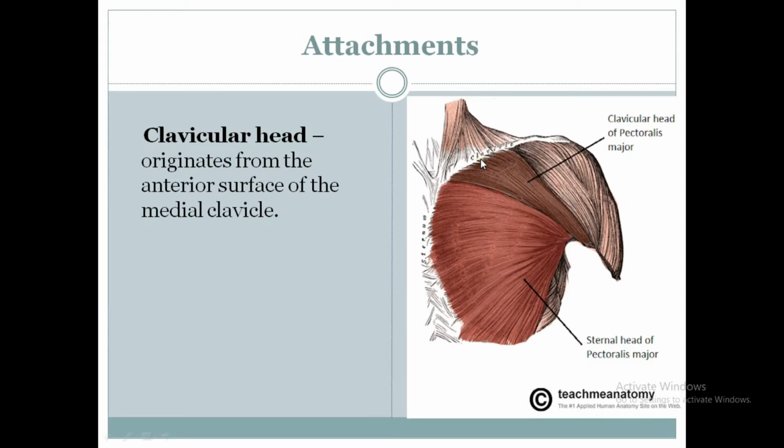So the clavicular head of the pectoralis major originates from the upper surface, that is the anterior surface of the clavicle, and the medial clavicle means that one side of the clavicle, as it is a horizontal bone, the side which is facing towards the front is the medial side, and the side which is facing to the back is the lateral side. So the clavicular head of the pectoralis major originates from the anterior surface of the medial clavicle.